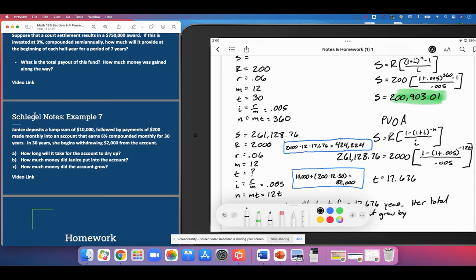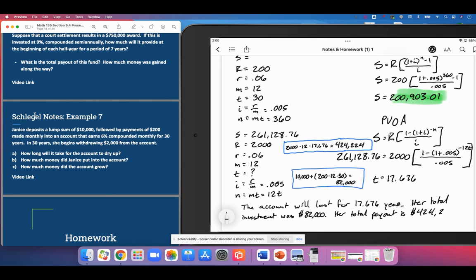So I'm going to add that statement in here. Her total payout is $424,224, which is nuts.